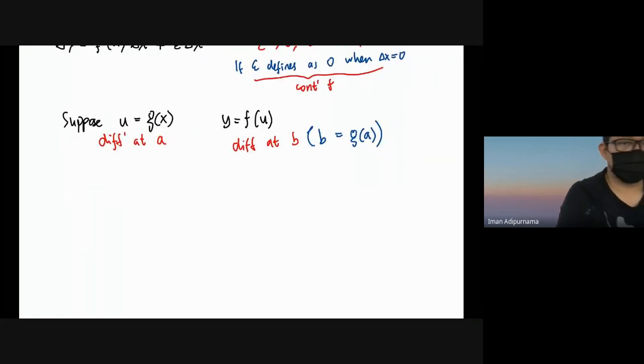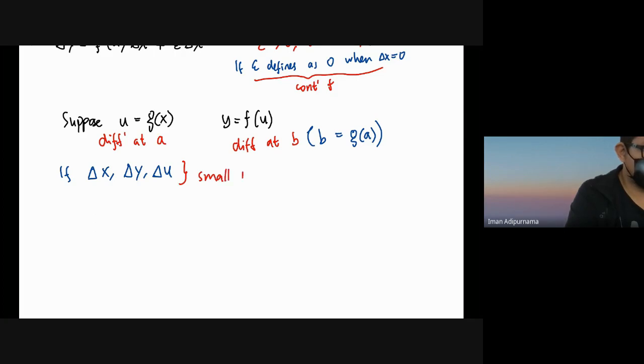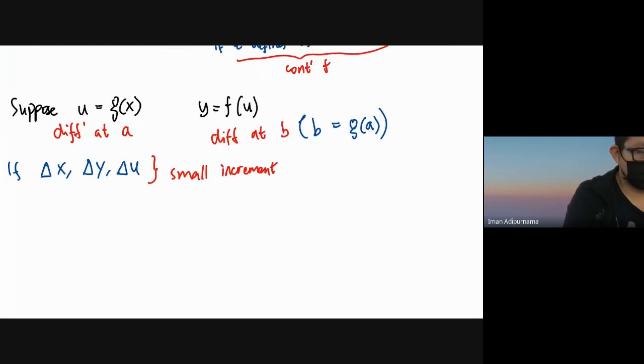Okay. And then delta x, delta y, delta u, these all indicate a small increment. Increment means a small size, really small. Small increment of x, y, and u.